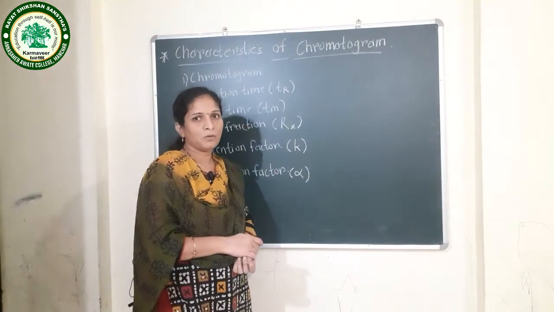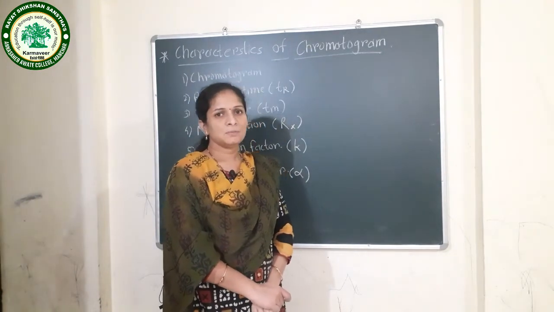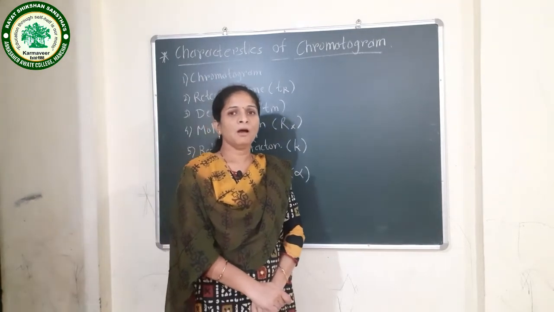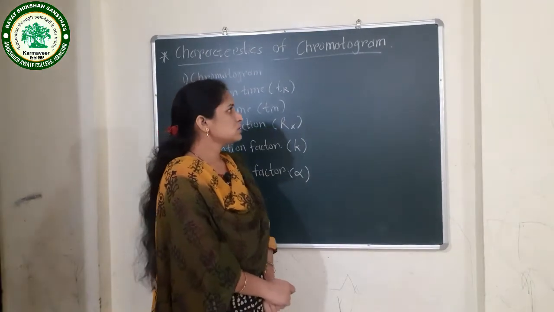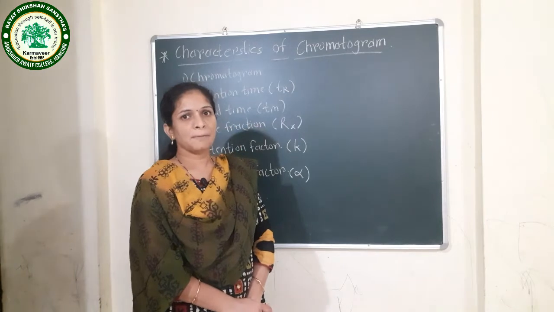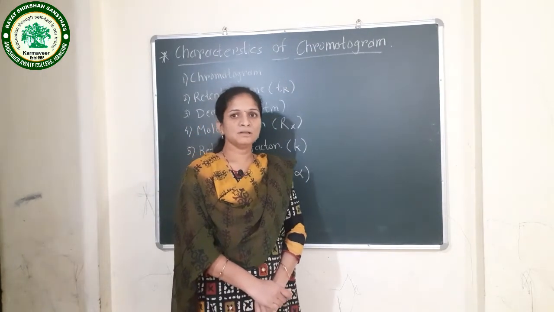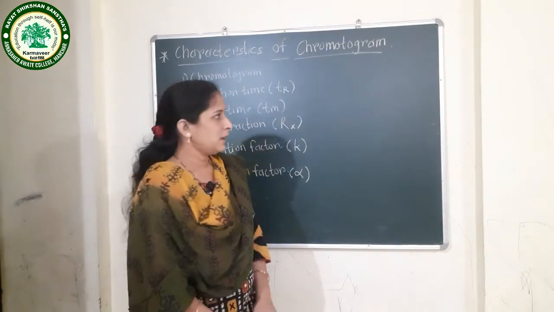Now this chromatogram is obtained from the detector. The detector is placed at the last part of the chromatographic equipment, after the column. This detector gives the graphical response. From the column, the separated components will pass into the detector. Now this detector gives the graphical response to the recorder.